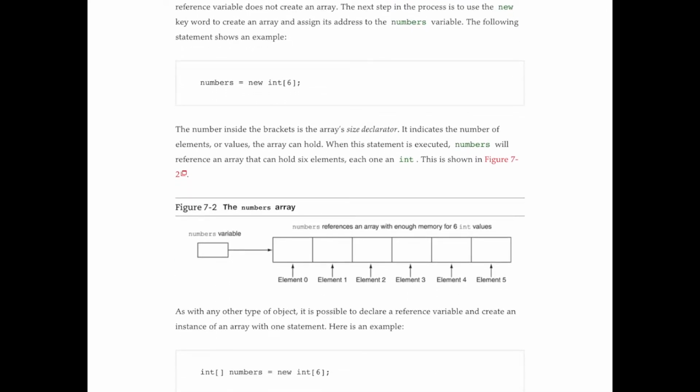The wrinkle we're going to toss in here is that these arrays should have a size. So here, what we're suggesting is numbers is a new integer array of size 6. That means that there are going to be 6 integers in this particular array.